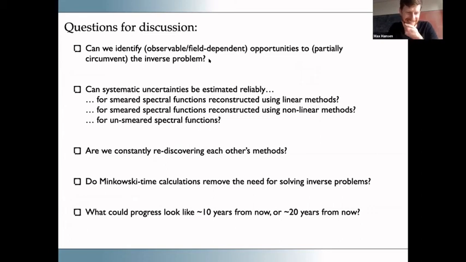Yeah, go ahead, Alexander. So this is a very interesting point also at finite temperature. For example, there's the question of transport coefficients. And this is one of the hardest of those problems, I would say, because we are trying to get access to the low omega region of our spectral functions there.